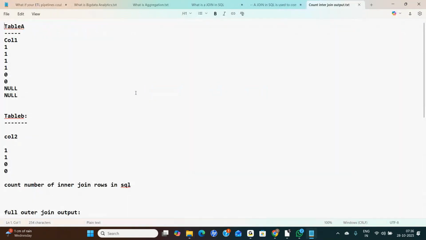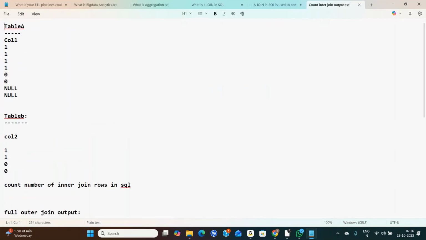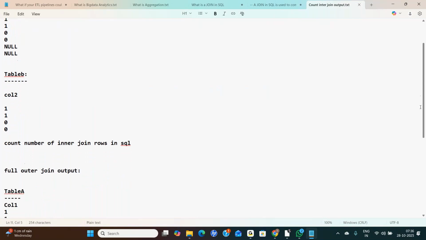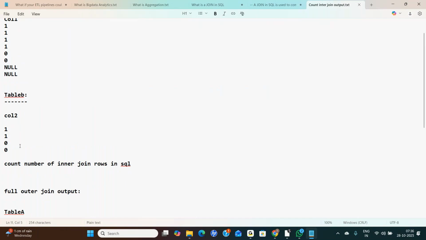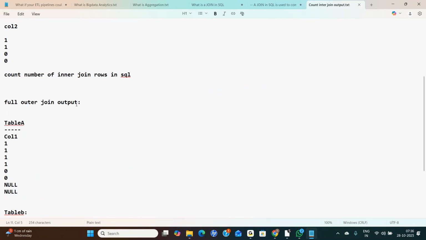See, guys, the question they asked at Deloitte: table A, only one column, with values 1 1 1 1 1 1 1. This question I'll share with you; maybe this weekend you can try the output and note it down. And another table B, column with values 1 1 0 0. In some cases, nulls have been given. Simply count the number of inner join rows, and they want the full outer join output too.